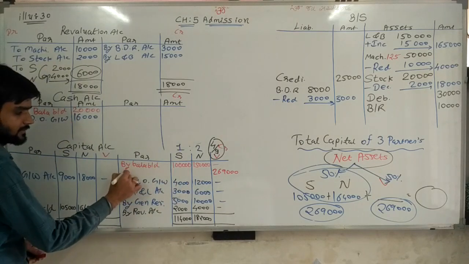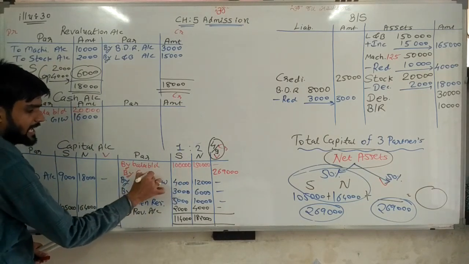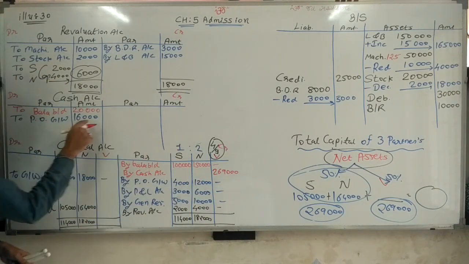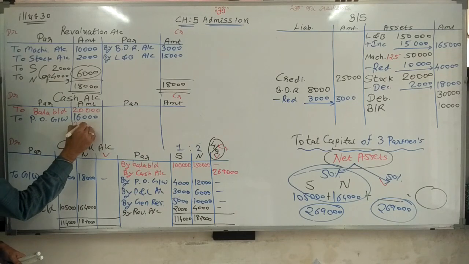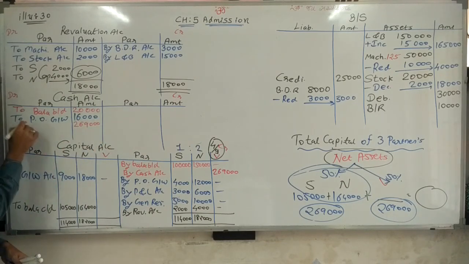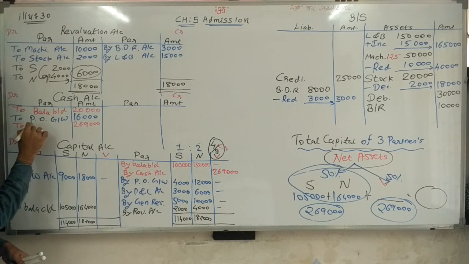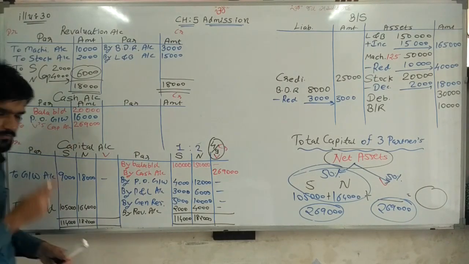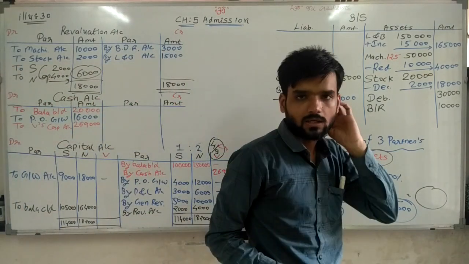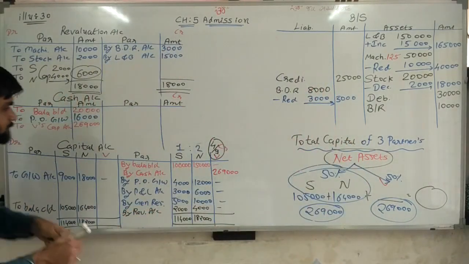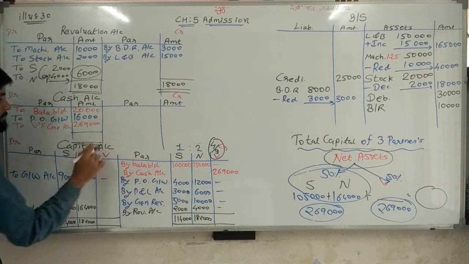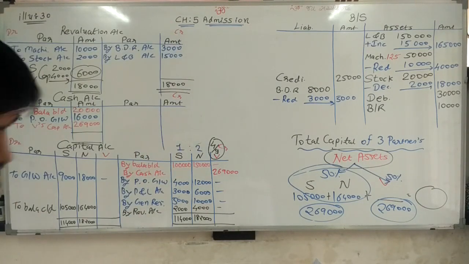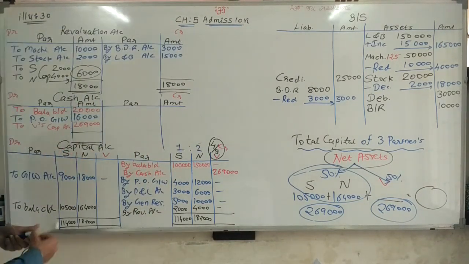And against it, by cash account, because he brought cash. Cross amount in cash account, and writing 'to Vijay's capital account'. Now close the accounts. Don't worry. Total of this cash account is 305,000.